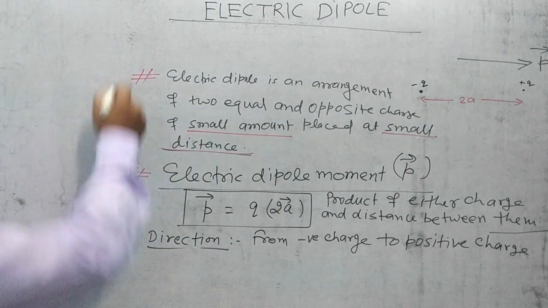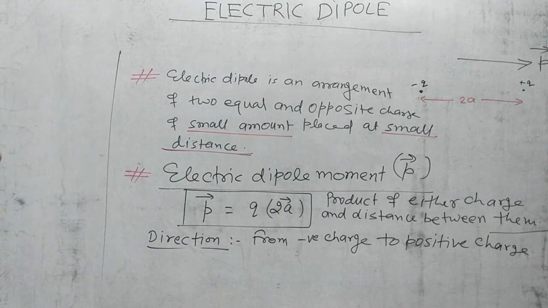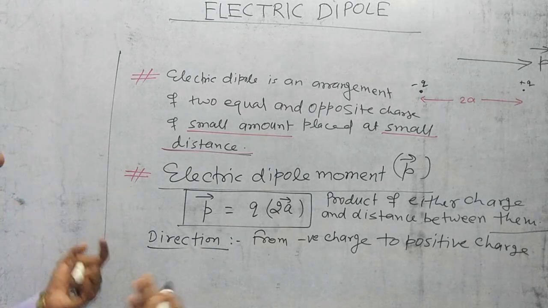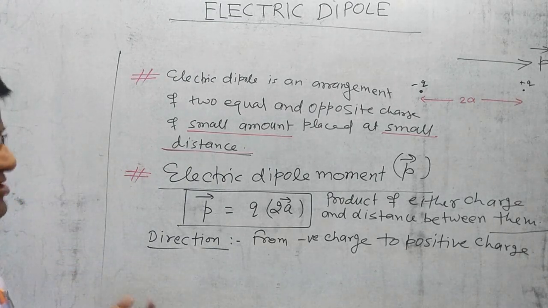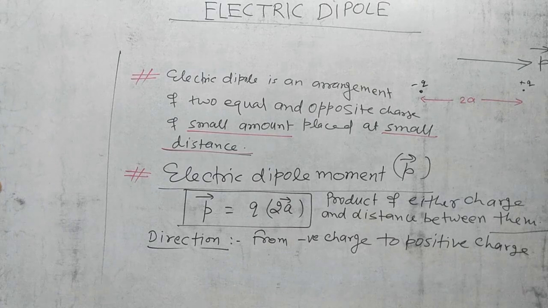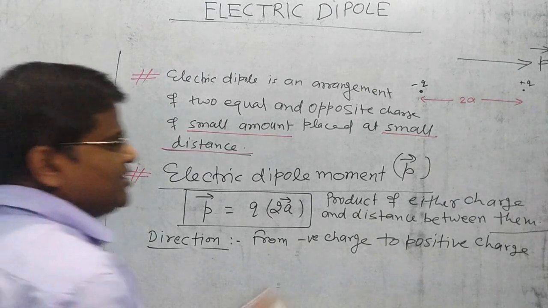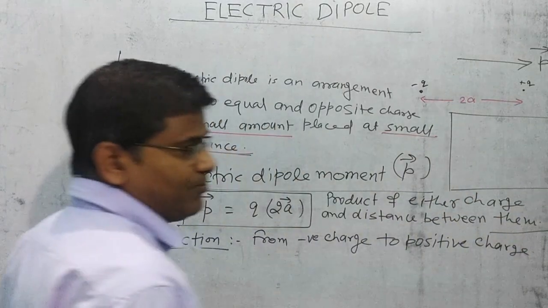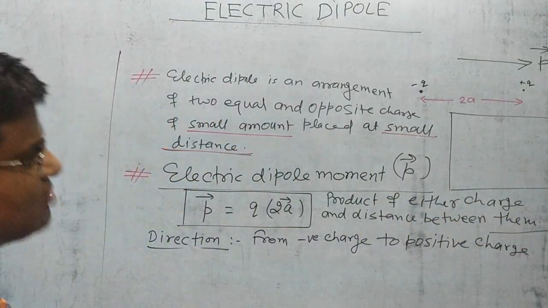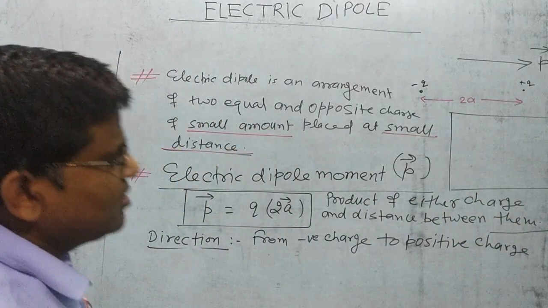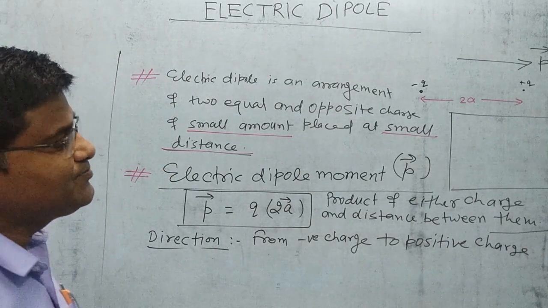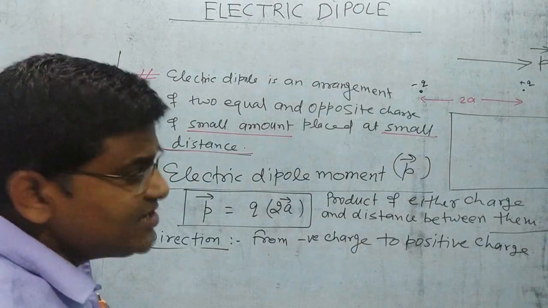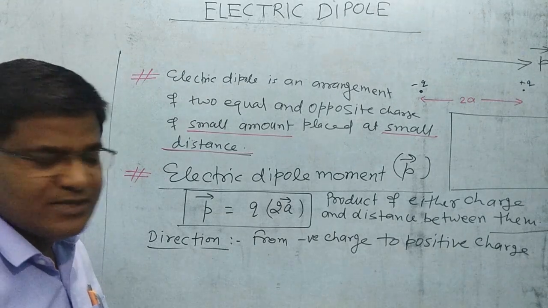Then one thing I want to discuss here: what is the use of the electric dipole moment? As you know, in chemistry there are polar and non-polar molecules. A polar molecule is those molecules which have a net electric dipole moment.